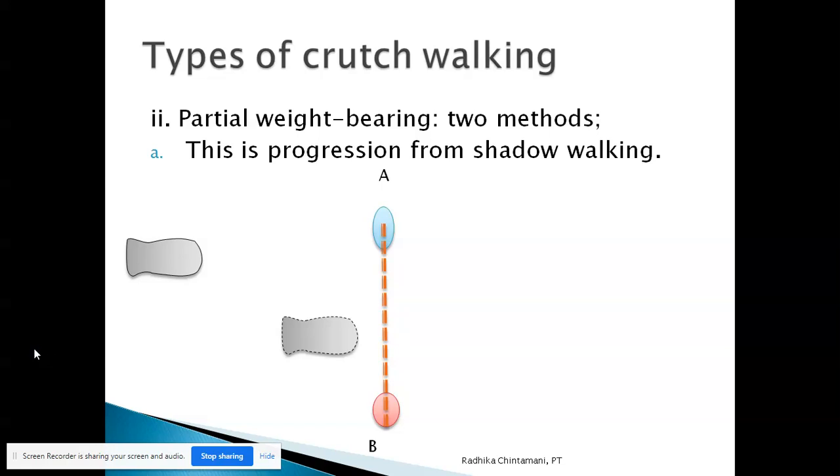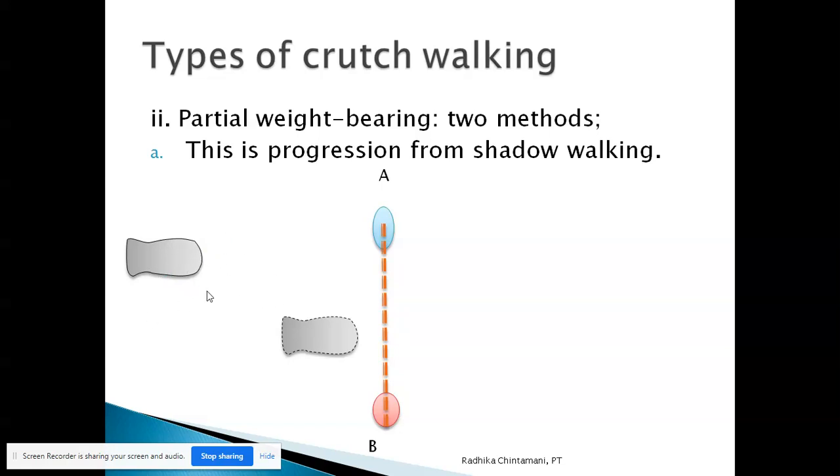The reason for this is, when you put the bad leg first, you divide the weight between the bad leg, crutch A, and crutch B. And this is 50 percent of the entire body. The other 50 percent is borne by your good leg.